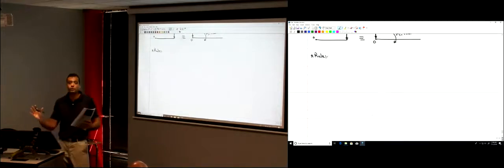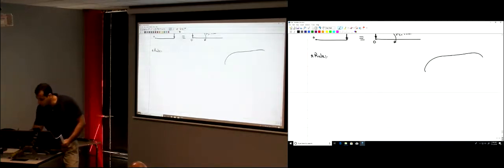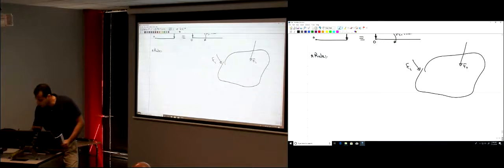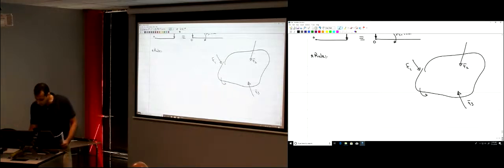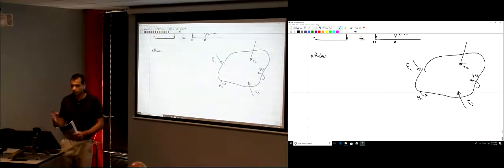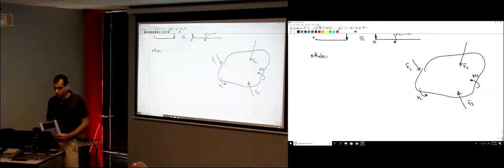If I have a system of forces and moments applied on an object, a group of forces, F1, F2, F3, and so on, there can be hundreds of forces, and some couple moments applied, M1, M2, and so on. I want to find the resultant of those.